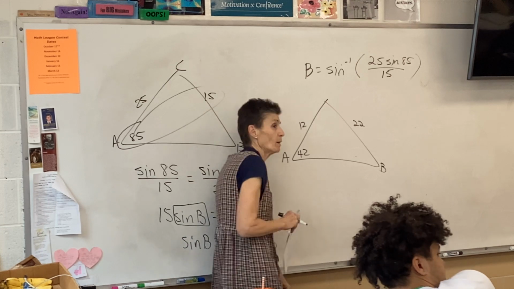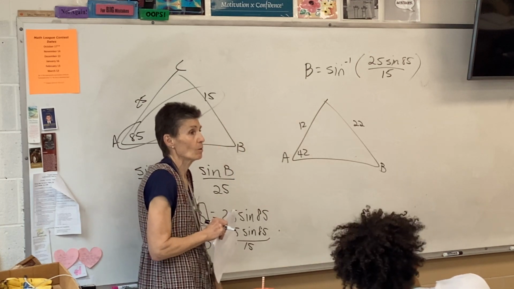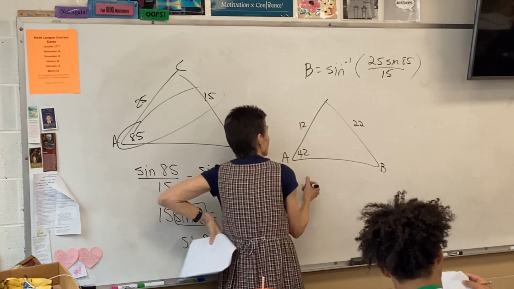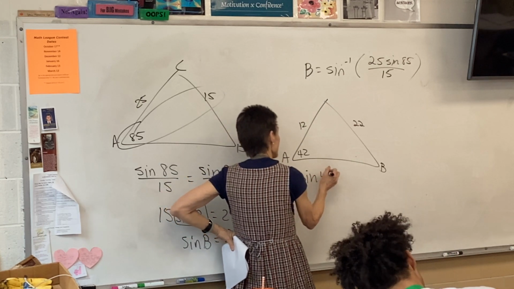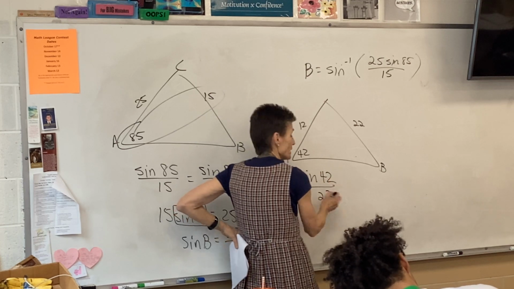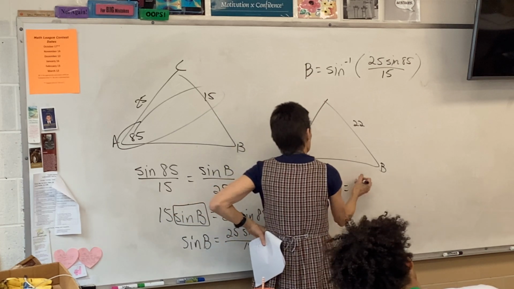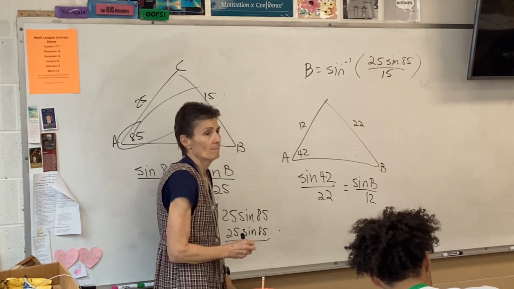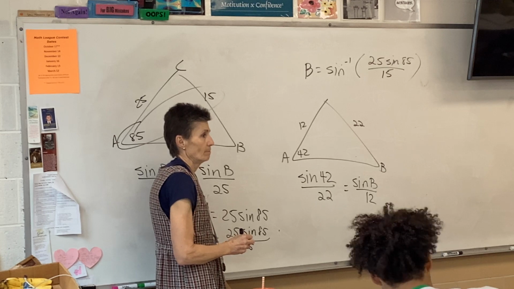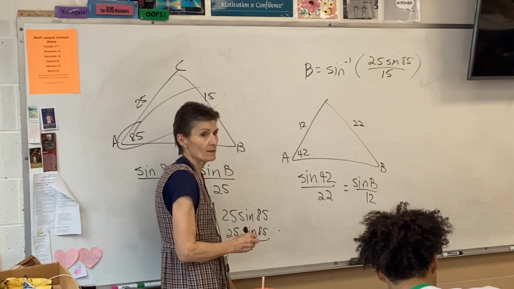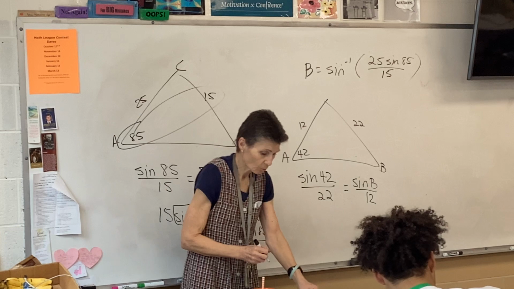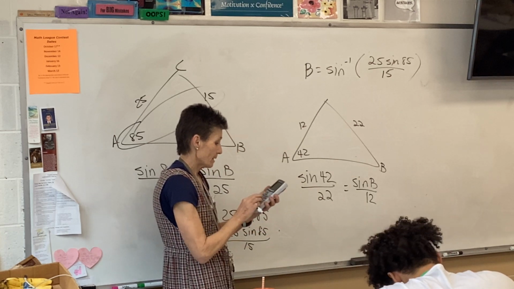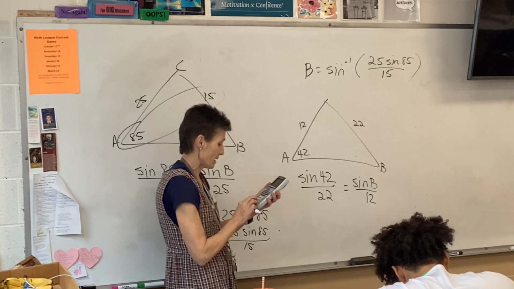All right, this one is gonna have an answer. So what's our setup? Sine 42 over 22 equals sine B over 12. Everybody okay? All right, go ahead, do your cross multiply and divide. And then you're gonna have to second sign again.